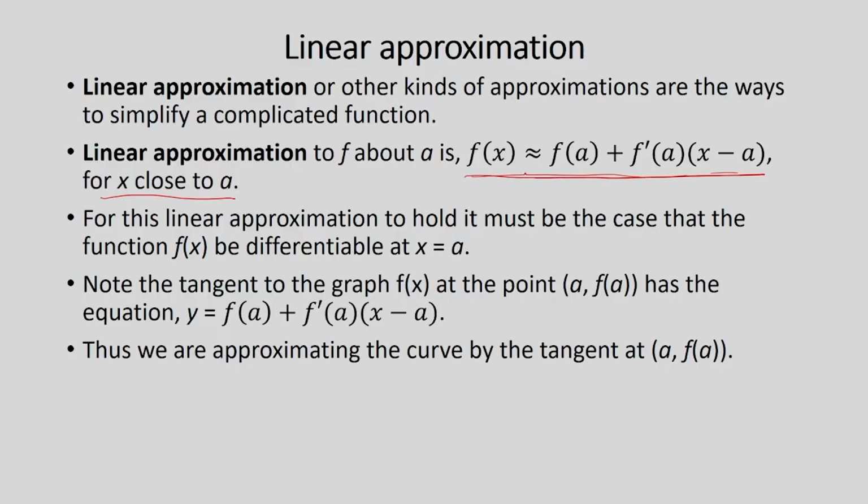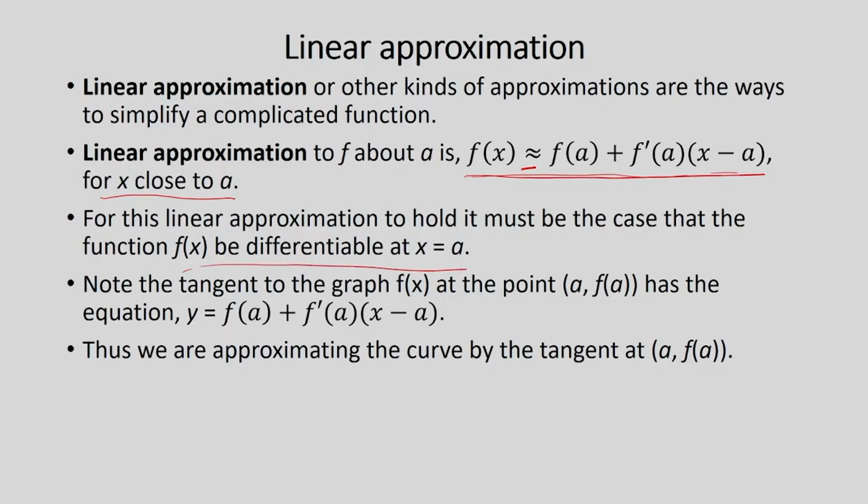And again, to make it clear, you have this approximately equal to sign, which means that it is not exactly equal to f(a) plus f prime of a multiplied by (x minus a), but it is very close to that value. And for this linear approximation to hold, it must be the case that the function f(x) be differentiable at x equal to a.